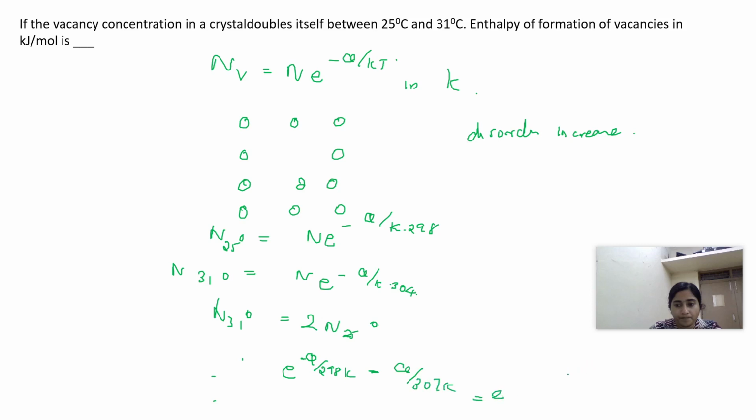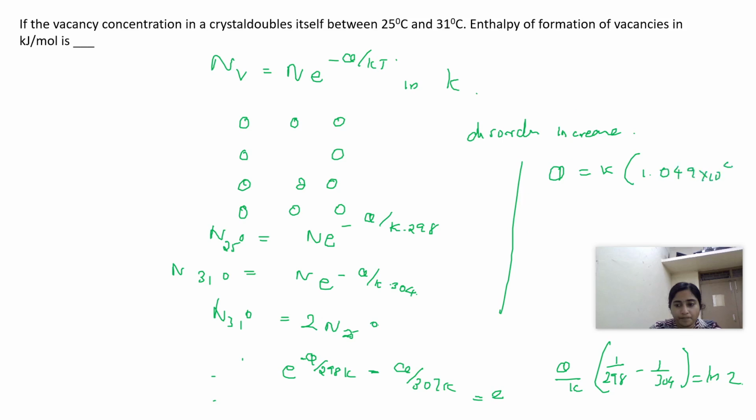From there we get Q by k into 1 over 298 minus 1 over 304 is equal to log 2. Substitute the k value, then you will get the value for Q. So Q is equal to k into the remaining numbers, which you can calculate, and you will get 10 to the power 4.